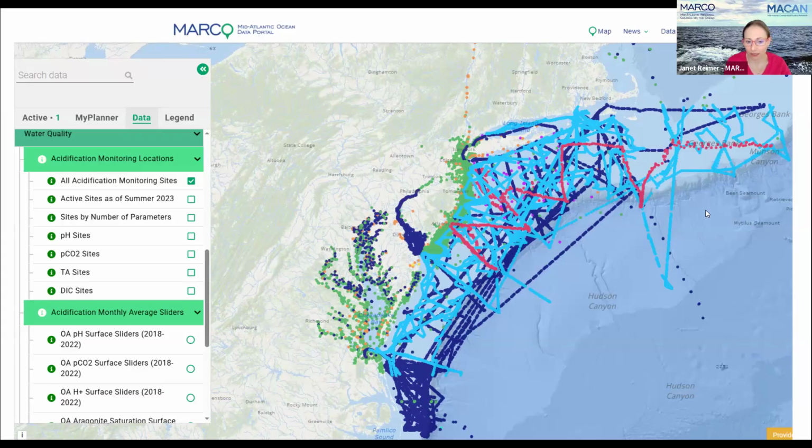However, the data quality has changed over the years, so you really have to be careful about which data you're using. That's not to say that it isn't reliable. It's just that with changes in technology, some of the data is not a one-to-one comparison. And I would encourage you to visit the MACAN website for more information on that, and some of the MACAN specific webinars that do focus a little bit more heavily on the science behind acidification.